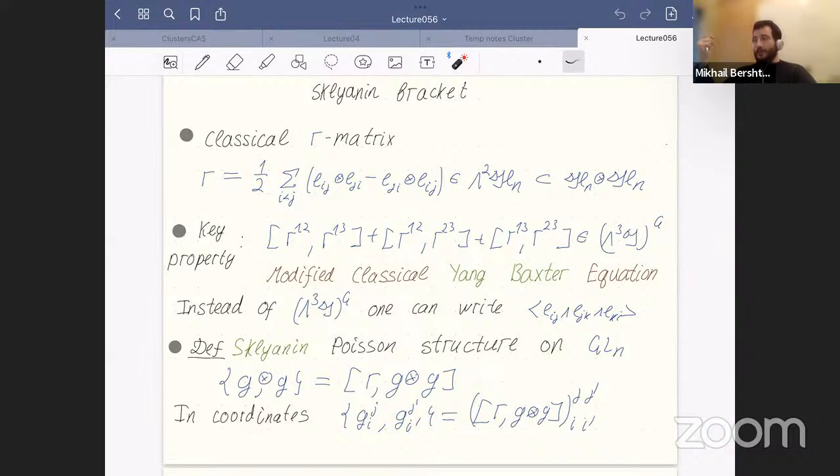And here, instead of the product, we take the bracket. So, okay, in terms of the coordinates, this formula is equivalent to this formula: the Poisson bracket of two given matrix elements of G is a matrix element of the right side of the commutator.